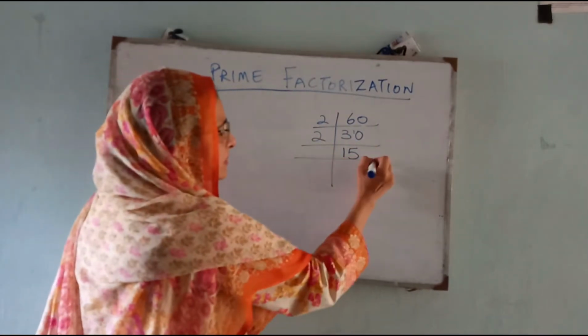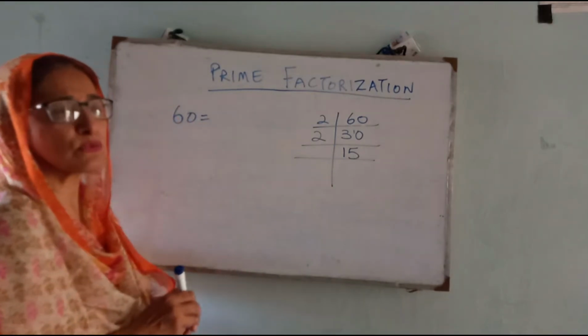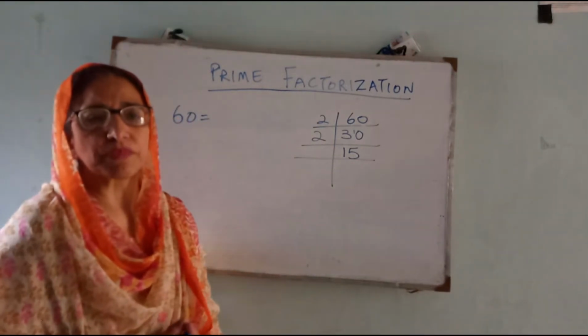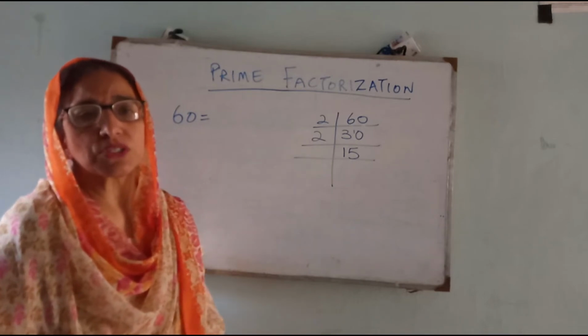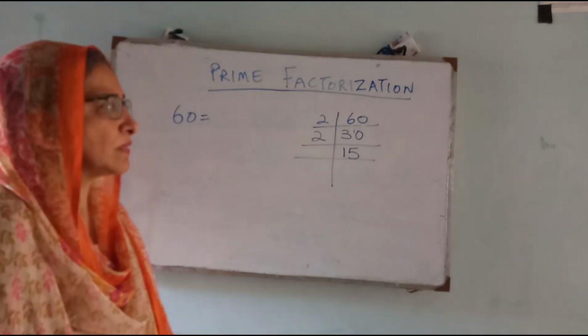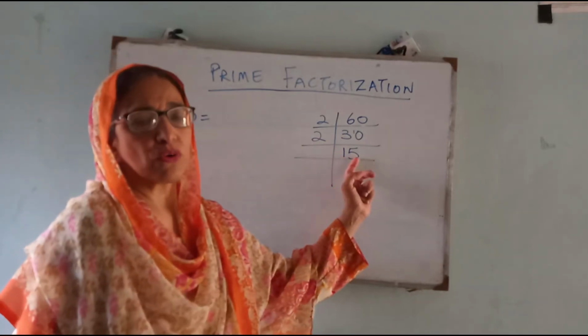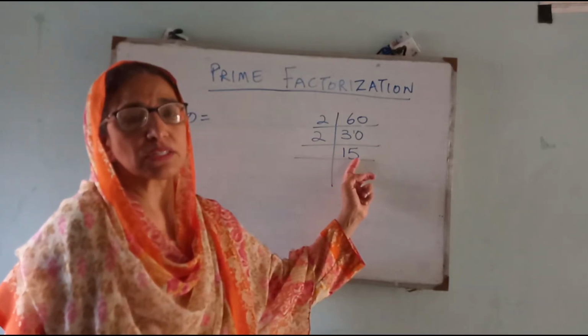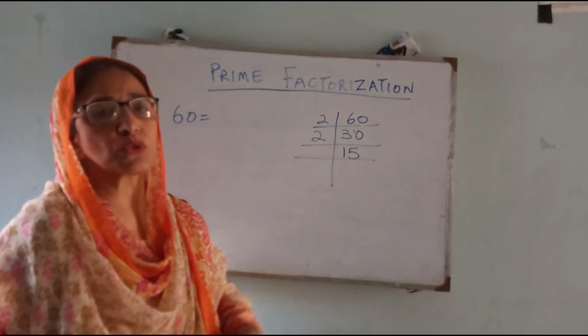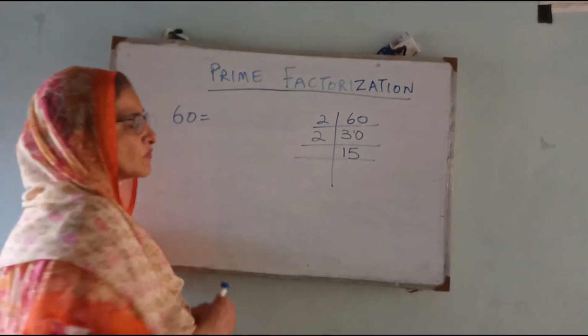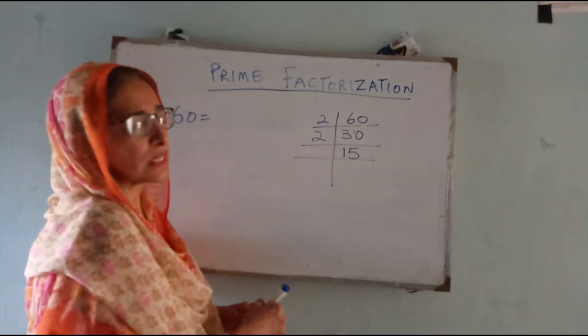And then, what is the rule of divisibility of 3? For the rule of divisibility of 3, the sum of the digits should be divisible by 3. Here 1 and 5 makes it 6. 6 comes in the table of 3, that means 15 is also going to be divided by 3.